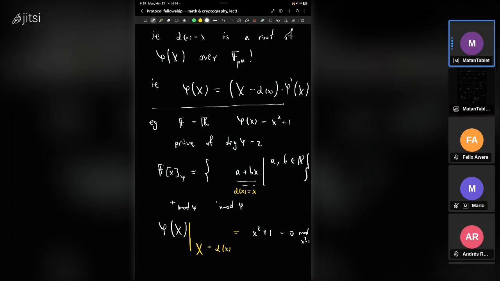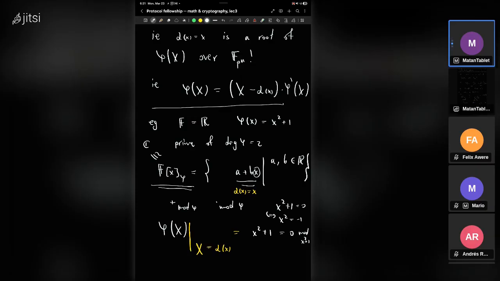What I got here, in fact, this F[x] sub phi is some kind of version of the complex numbers. If you do addition and multiplication modulo phi of degree 1 polynomials, you will see that this x behaves like the imaginary number i. Because x squared plus 1 is equal to 0, it's the same thing as saying that x squared is equal to minus 1.